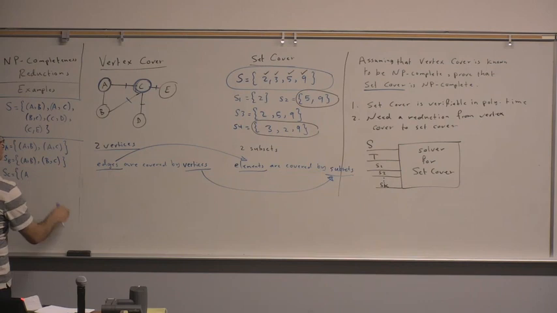AB, AC, BC, CD, and CE. So each vertex has a subset of the edges that it covers. SD is the set of edges covered by D, and that's only CD. And SE is the set of edges covered by E, and that's CE.